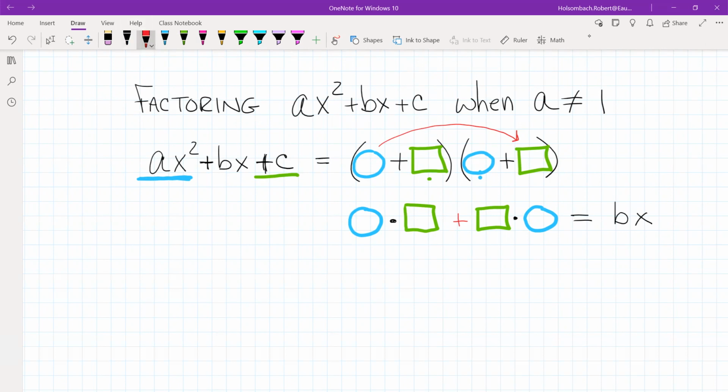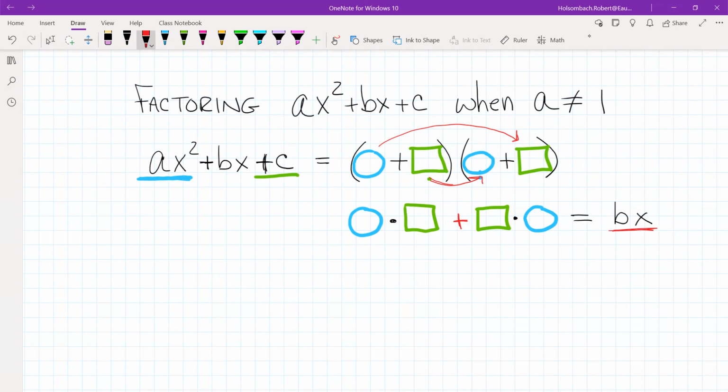The first term times the last term plus the first last term times second first term, the sum of those two products has to equal the middle term. All right?